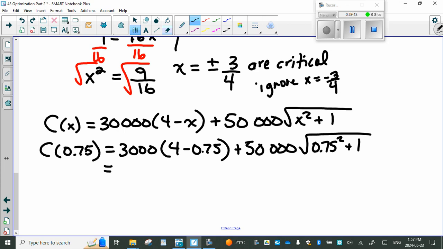So just have to be careful when we're typing the pieces into our calculator. That should be 30,000, my bad. There's a 0 here.